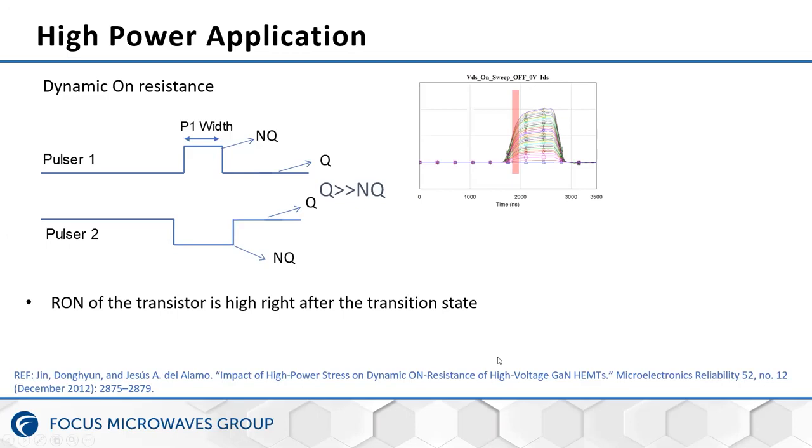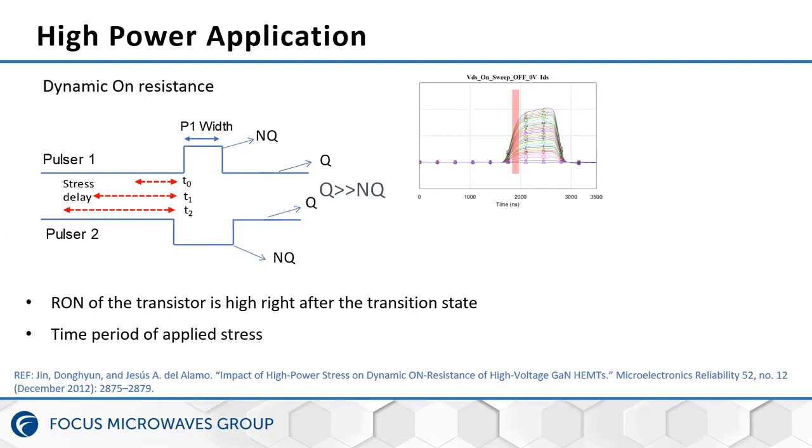It means the R on is measured at multiple timestamps within the pulse, and then the R on at different time stages is compared. The second is the time period of the applied stress, which means for how long the device was kept at a high drain non-quiescent voltage.